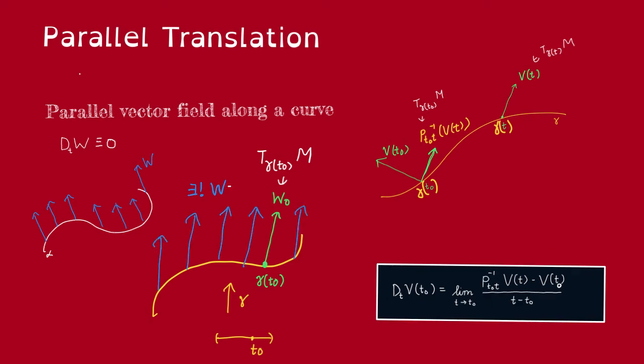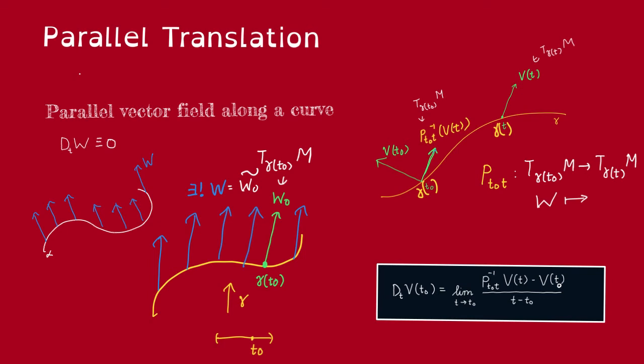Here I will just use the following notation to denote the unique parallel vector field along the curve gamma induced by this vector w naught. Using this, we can now transport tangent vectors between tangent spaces. So let's say we want to transport a vector from this tangent space at gamma t naught to gamma t. You can define the following parallel transport map.